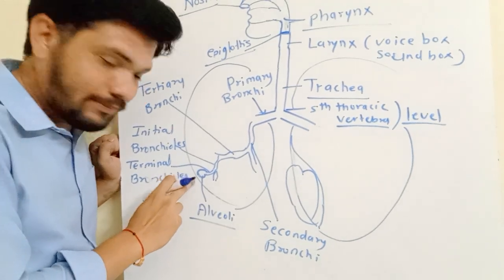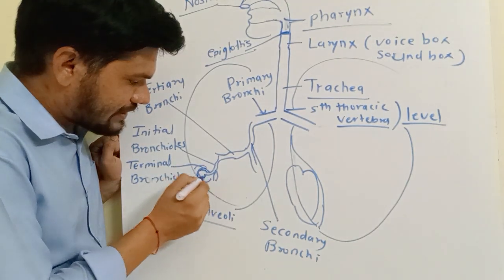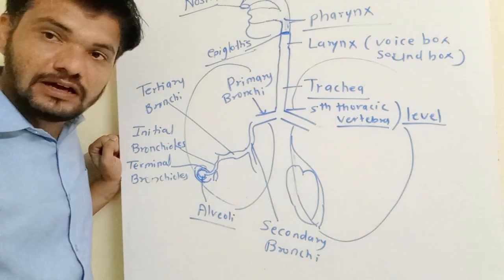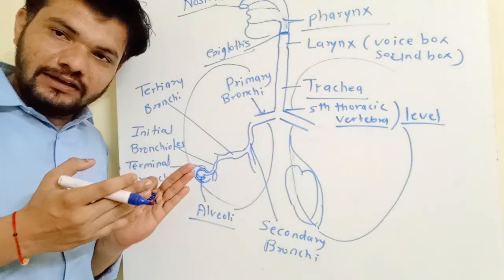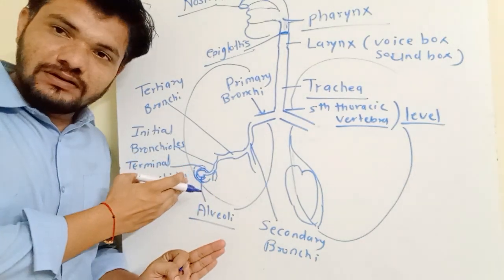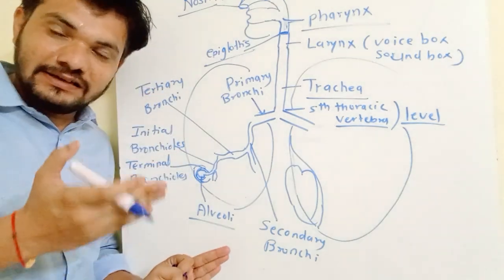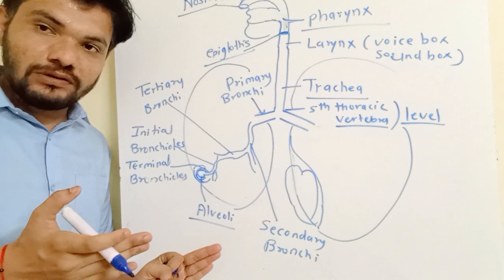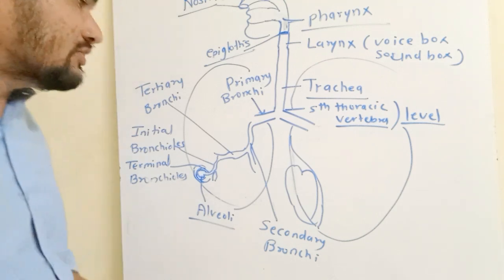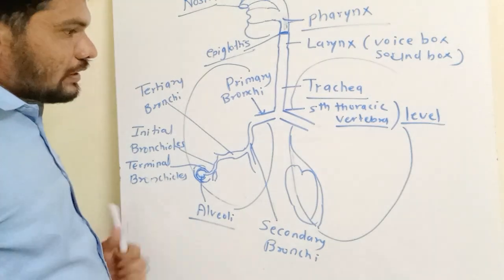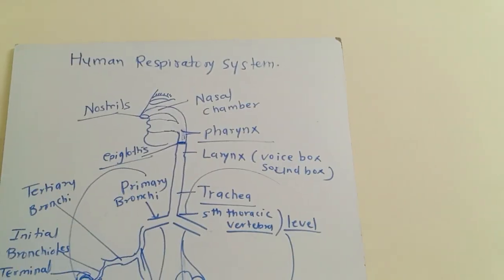Blood capillaries are present surrounding the alveoli, and the oxygen goes into your blood through the alveolar membrane and the capillary wall by a simple process called diffusion, which we will learn in the gas exchange topic. These are the parts and organs of the human respiratory system.